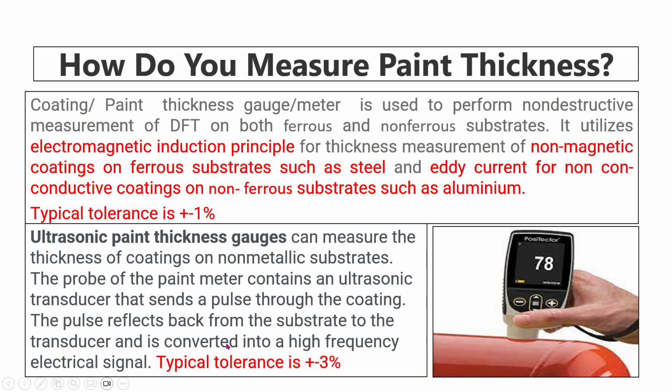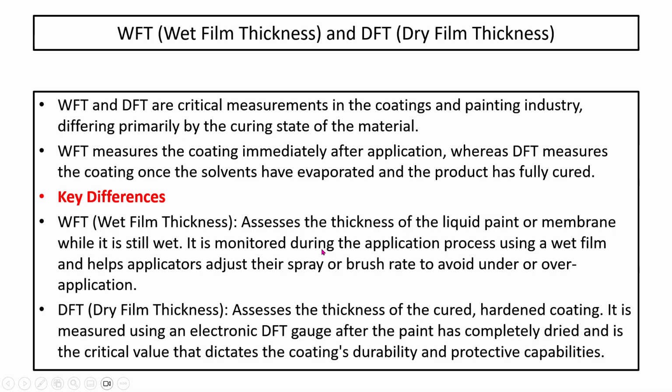Typically this ultrasonic paint thickness gauge tolerance is plus minus 3%. So there are three meters available: one is electromagnetic, another is eddy current, and another is ultrasonic. With the three meters, you can measure the thickness of the paint for ferrous, non-ferrous, or non-metallic.